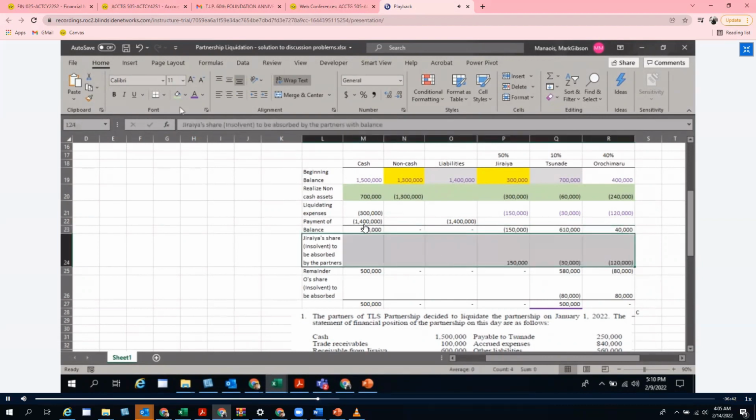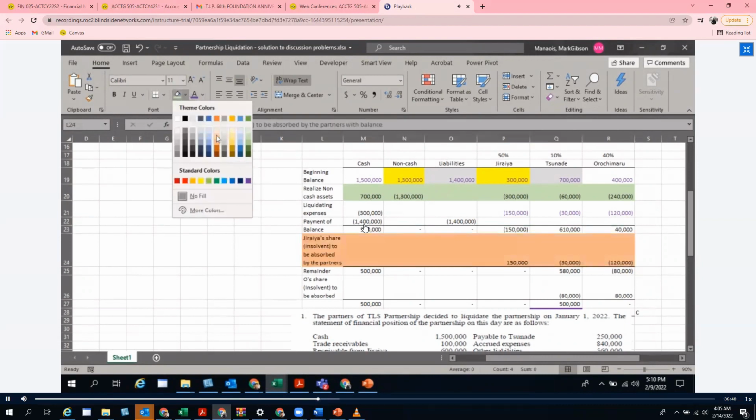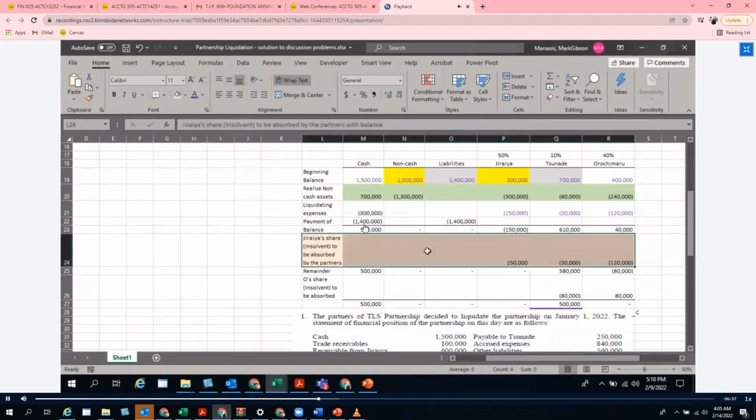Dito na magkakaroon ng difference in take-up. Pag-usapan ngayon natin to briefly. So remember, in requirement number 2, all of the partners are insolvent. So meaning in case of Jairaya, wala siyang capacity to contribute to the partnership para ma-cover tong 150,000 na debit balance on his capital account.